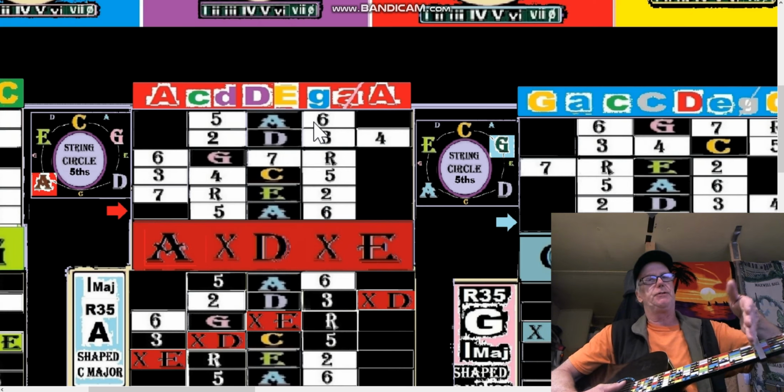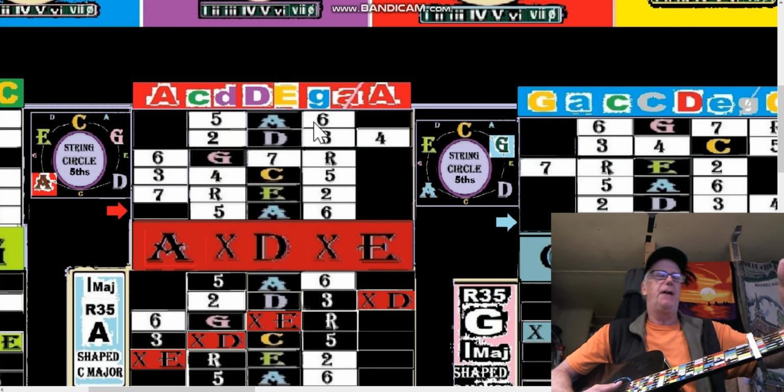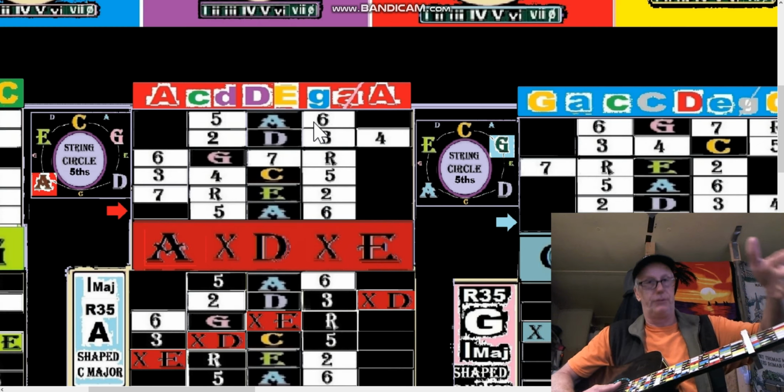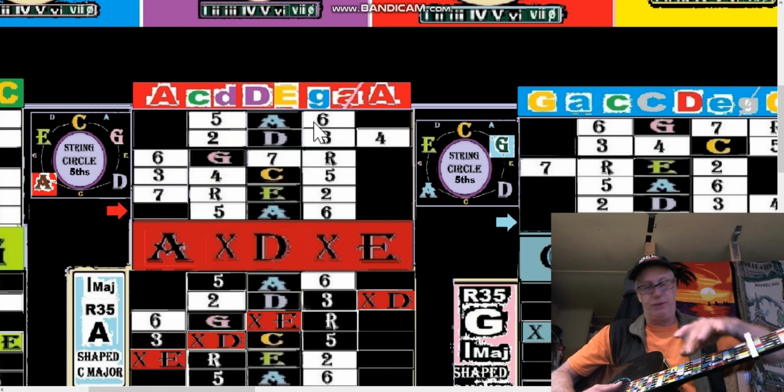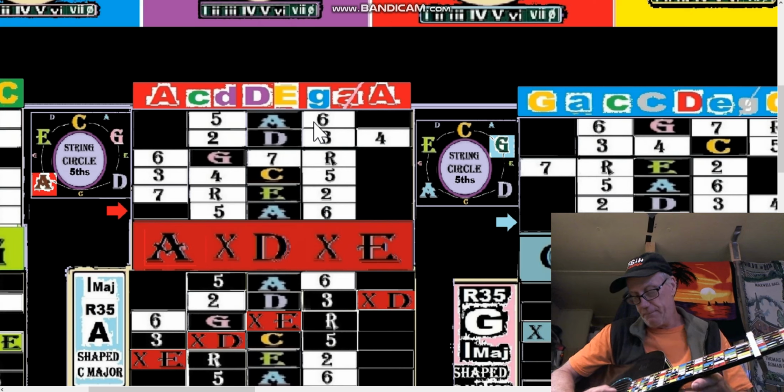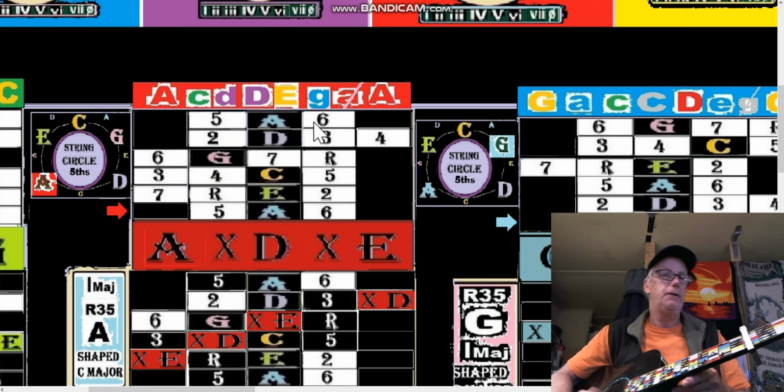Let's say this is your fret nut here, because my guitar's tuned down. I think I call it down C tuning, but that might not be the technical term. When I'm talking about my guitar being tuned down, all the strings are tuned down, so it's still got the exact same tuning in fourths, then a third, and then a fourth.